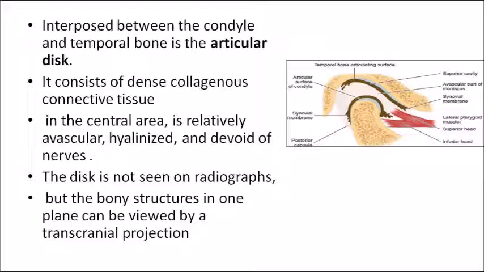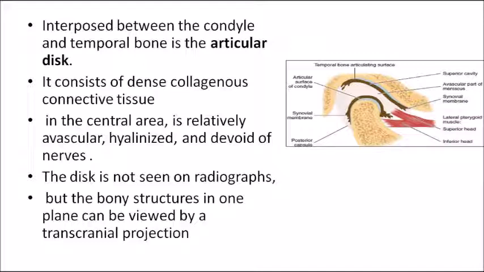Here you can see the temporal bone articulating surface, which is given in a brown shade, and correspondingly there is the articular surface of the condyle on the condylar process, and in between there is an avascular part of the meniscus which is hyalinized and devoid of nerve supply. Also you can see the synovial membrane, and the muscle attachments are also shown here, the lateral pterygoid muscle with the superior head and inferior head.